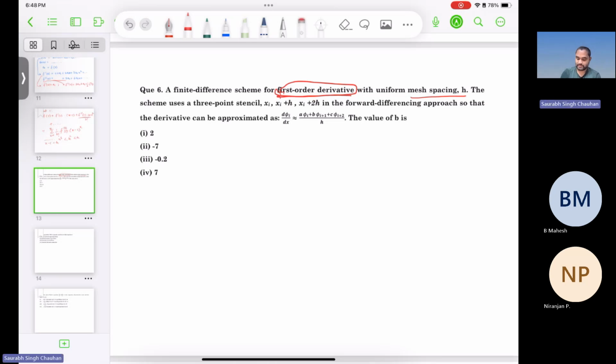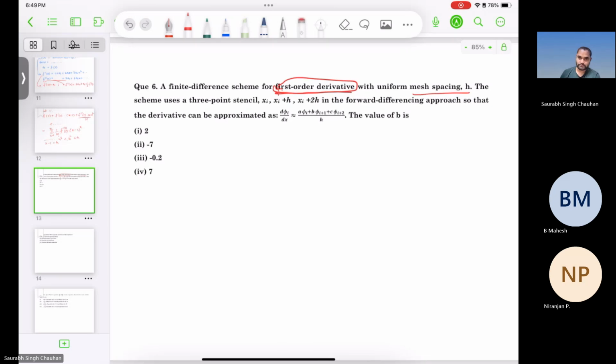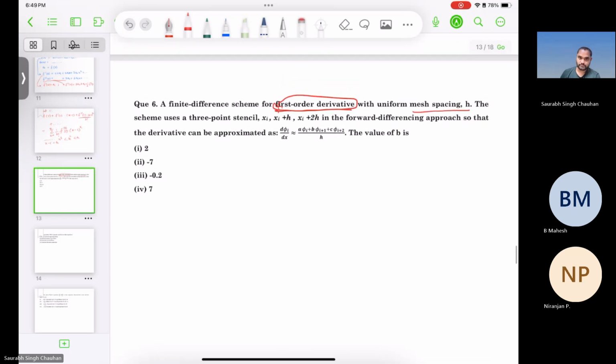How will we do this? First, we need to write the Taylor series expansion.